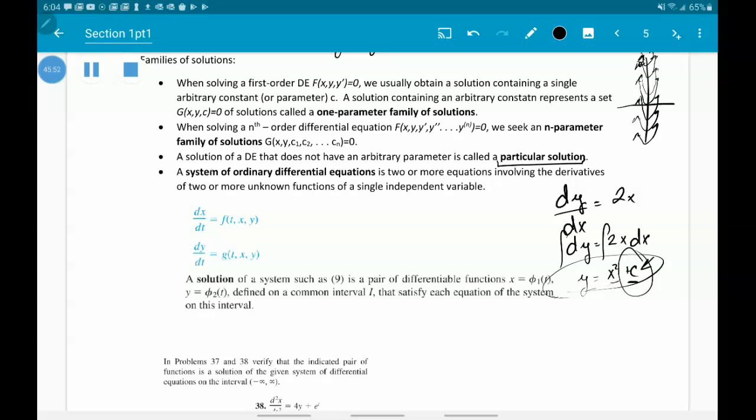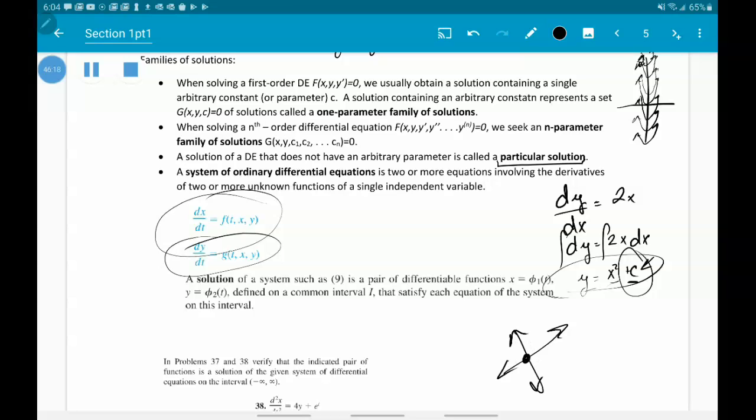So if we have a system of ordinary differential equations, let's say we have 2 unknowns, then we're coming up with 2 equations that will satisfy that system of differential equations. It's really similar to solving systems of linear equations. You were asking, what's the point that satisfies a system of linear equations?